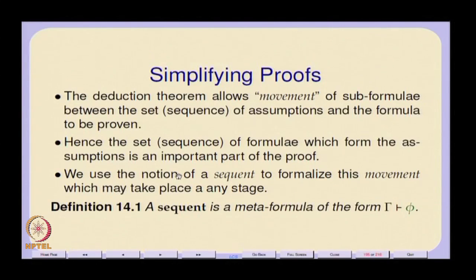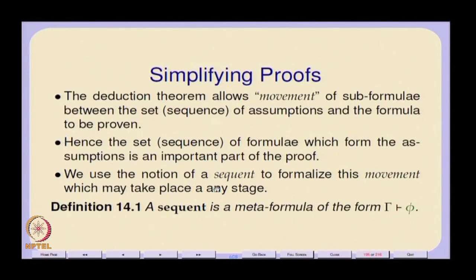So, because of this movement that is possible due to the deduction theorem, one will have to make the assumptions explicit at each stage, because essentially this movement implies that at every stage in a proof one might have a different set of assumptions, and they have to be somehow consistent. So, we will use the notion of a sequent. Okay.